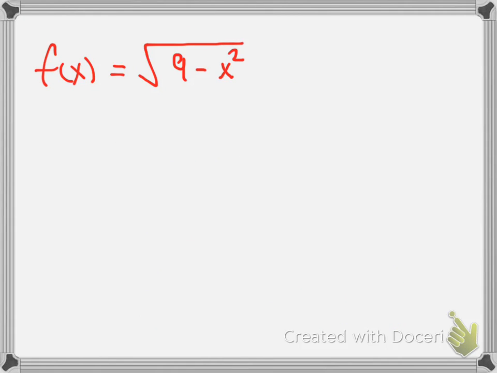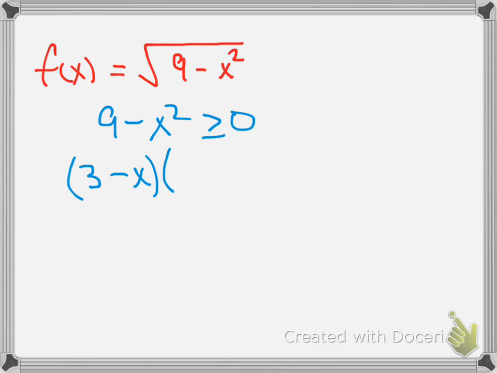For the next one, we have f of x equals square root of 9 minus x squared. Basically what we know is we can't take the square root of a negative number. So 9 minus x squared has to be greater than or equal to 0. This is a difference of squares, so I end up with 3 minus x times 3 plus x greater than or equal to 0. Set each one equal to 0.